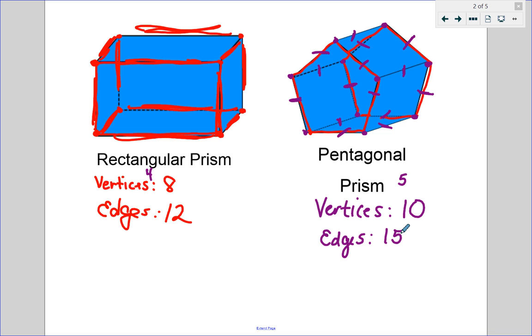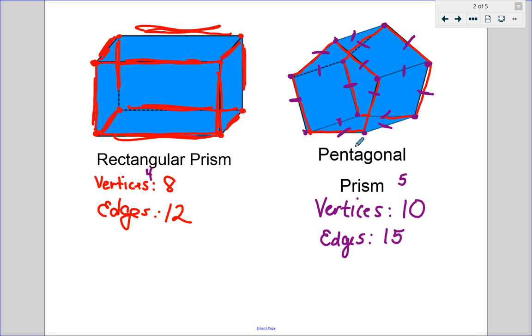I see a pattern there. We're going to take a look and see if that pattern is the same on the next page. So first of all, we have, like I said, 8 and 12, 10 and 15. In this prism, you have parallel lines and parallel faces.